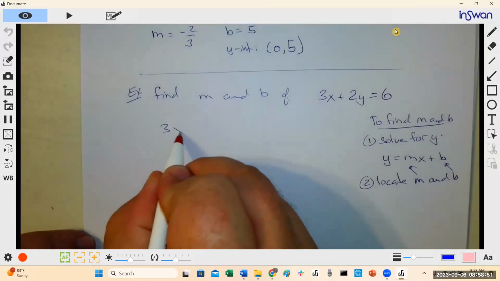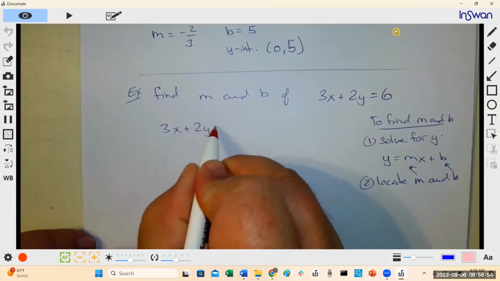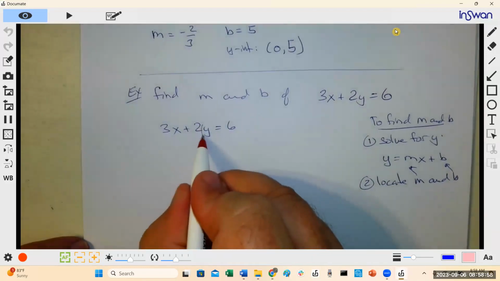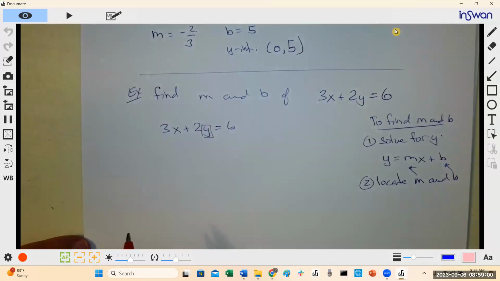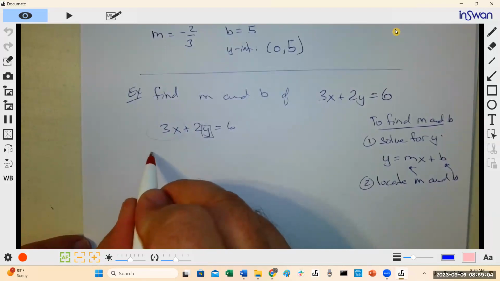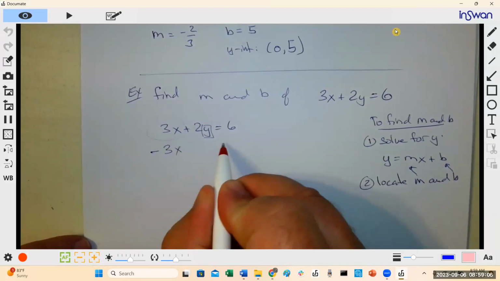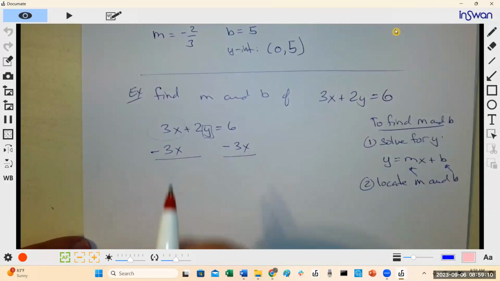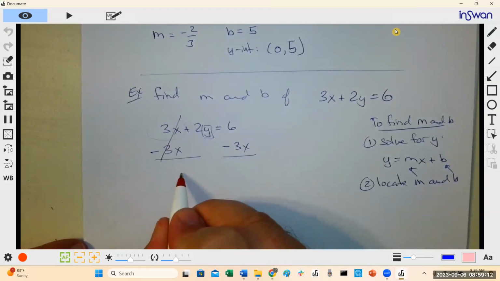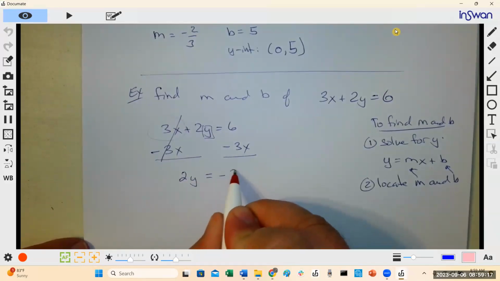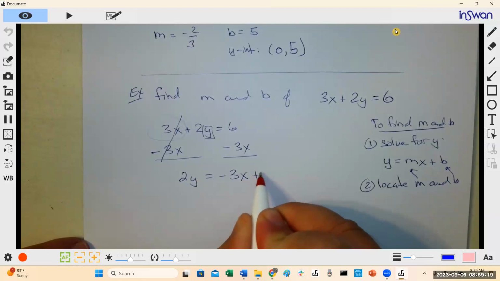So we have 3x plus 2y equals 6. We're solving for y. So we have to get rid of this. How do we get rid of positive 3x? Subtract it from both sides. These cancel. So 2y equals negative 3x plus 6.